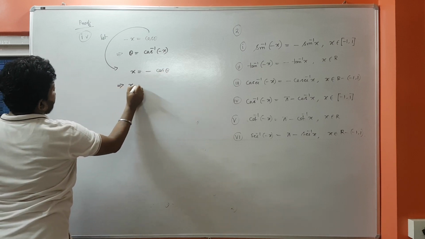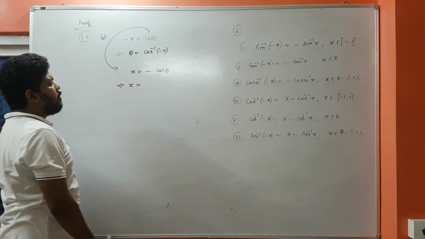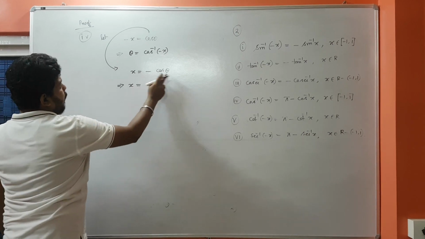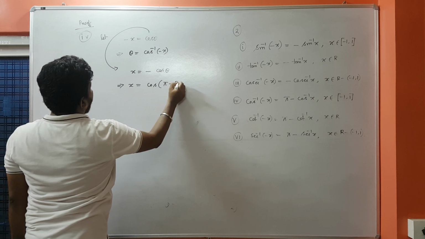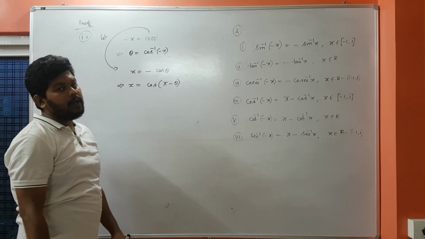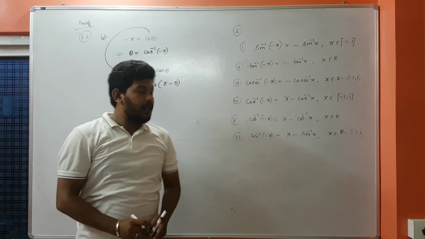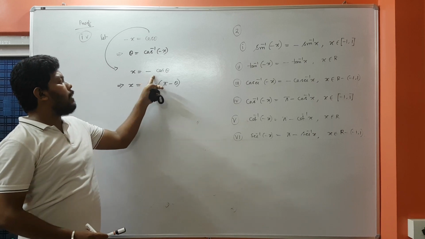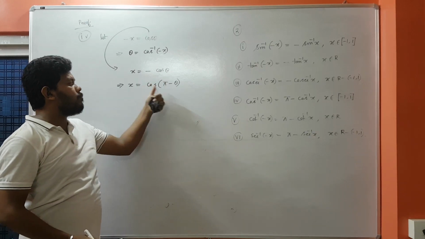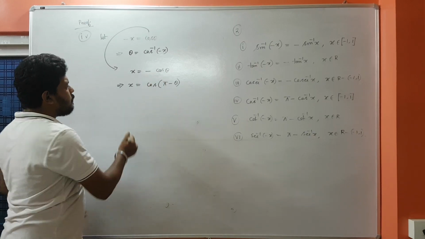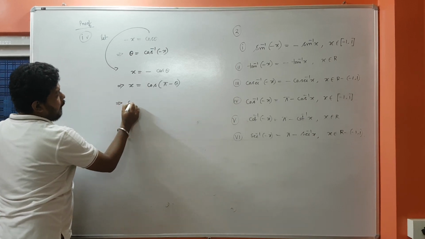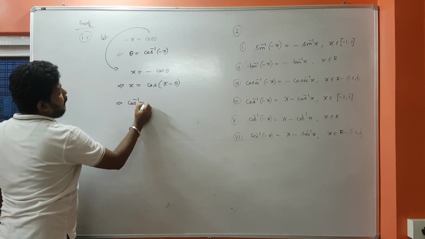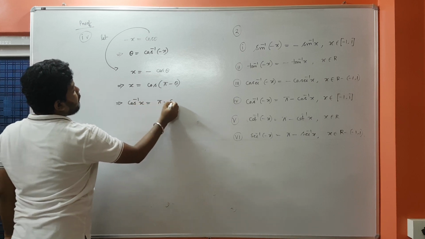From class 11's concept of trigonometry, we can say minus cos theta is equal to cos of pi minus theta. In the second quadrant, cos is negative. Therefore, we can write minus cos theta is equal to cos of pi minus theta. Hence, if I take cos inverse on this side, I will get cos inverse of x is equal to pi minus theta.